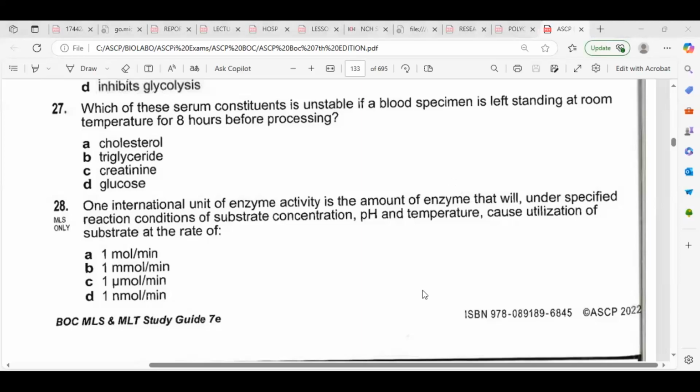This one looks strange. I think it's B. B, millimole per minute. Millimole is a very big amount.